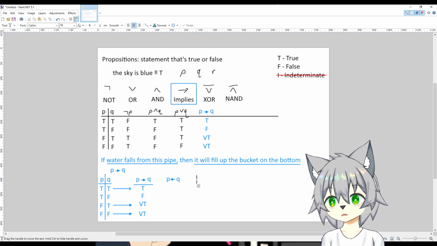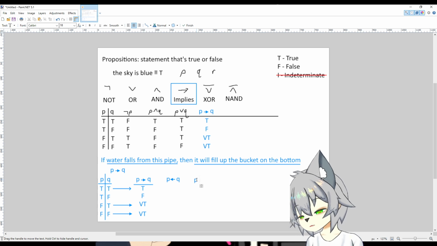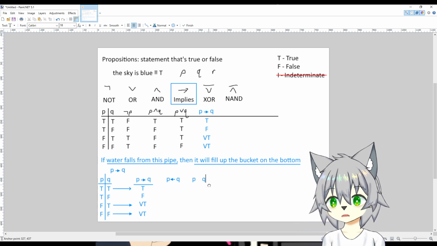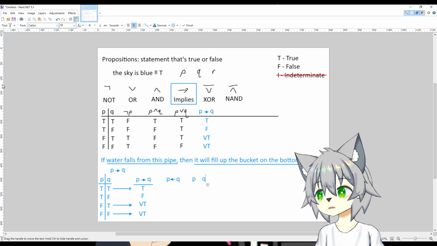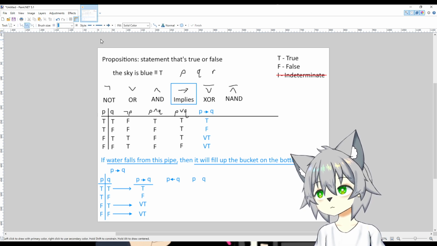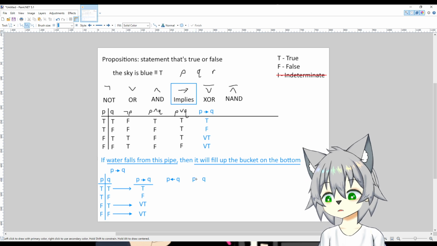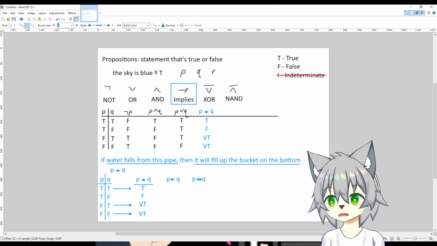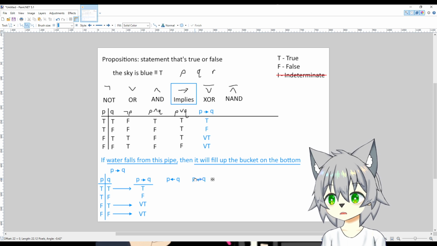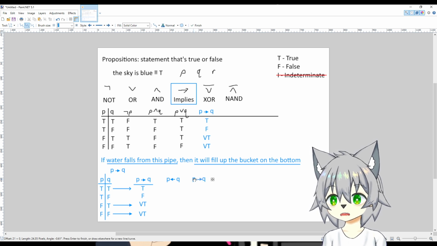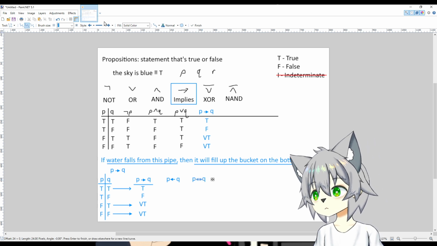And also the biconditional of P and Q. Sometimes it's just faster to double click, even if you're fast enough, it doesn't really matter too much.